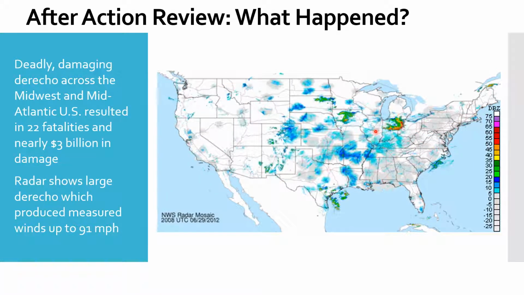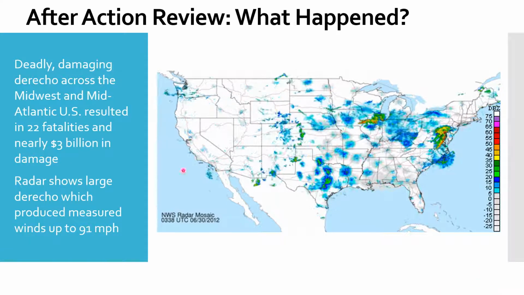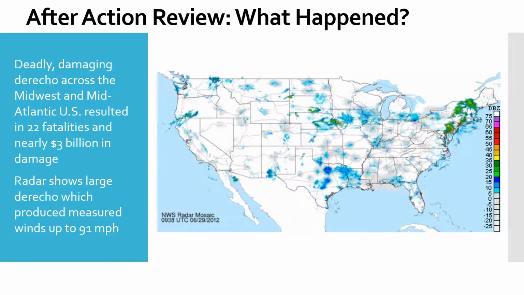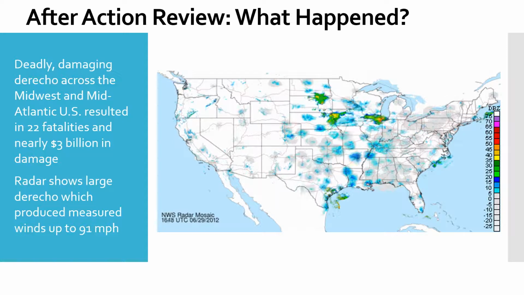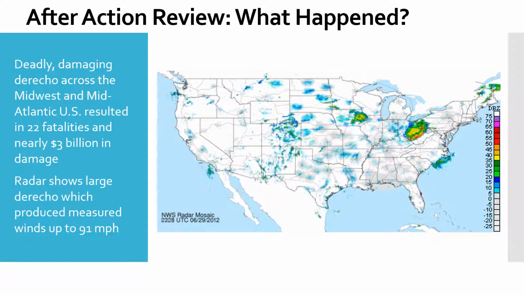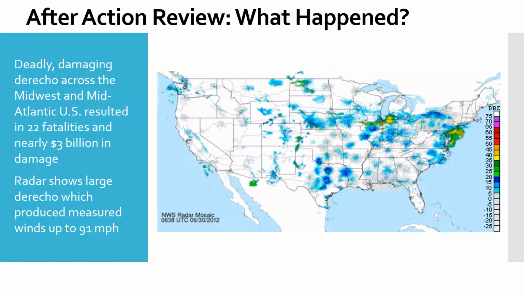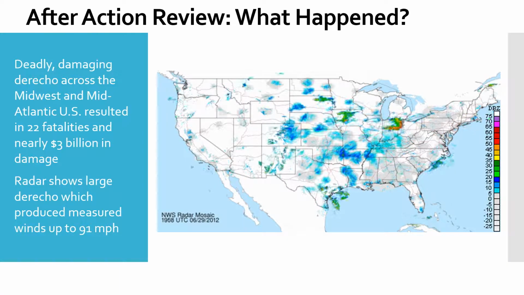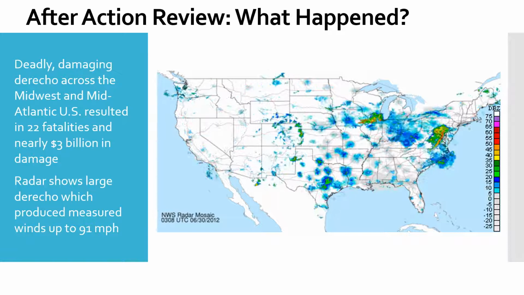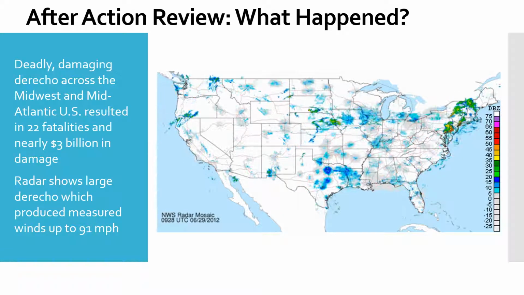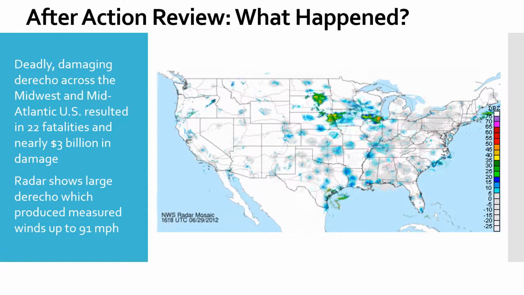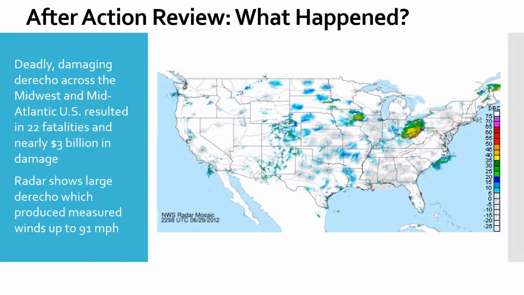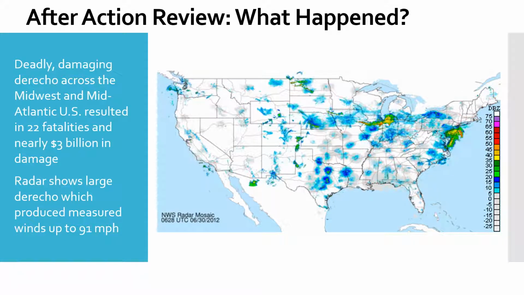This deadly, damaging derecho across the Mid-Atlantic and Midwest United States resulted in, unfortunately, 22 fatalities and nearly $3 billion in damage. So this radar shows where that derecho occurred, and we know that the measured wind gusts were up to 91 miles per hour.